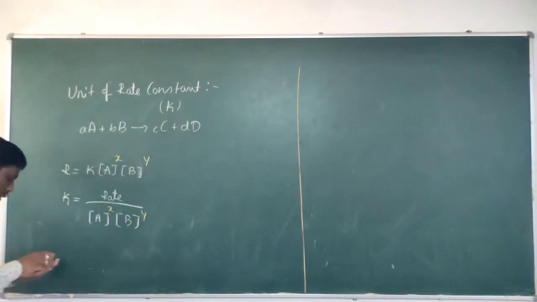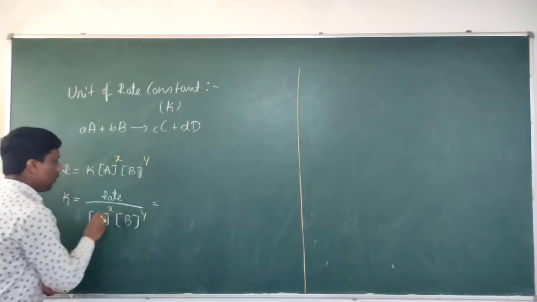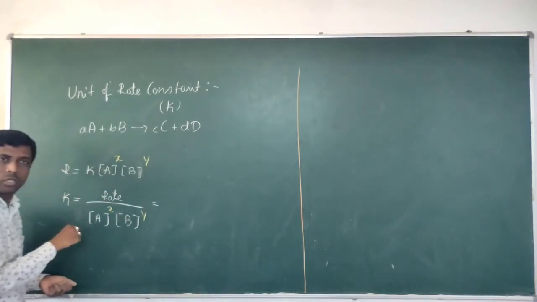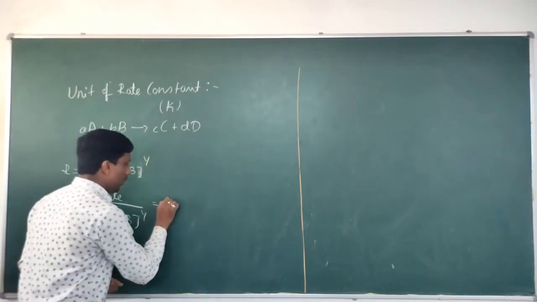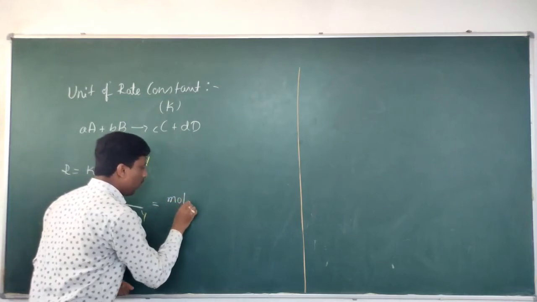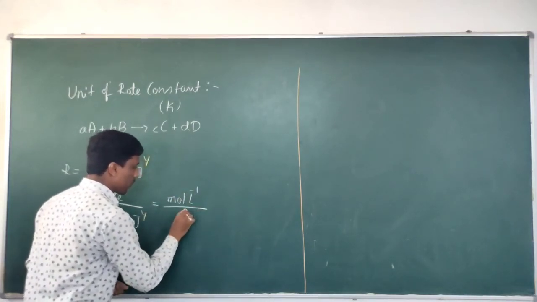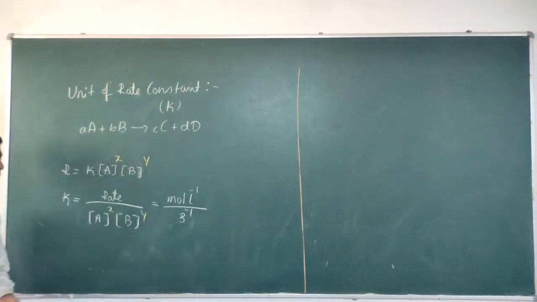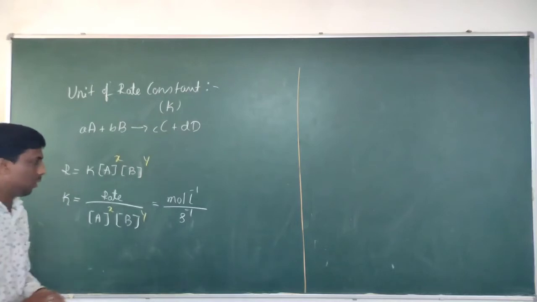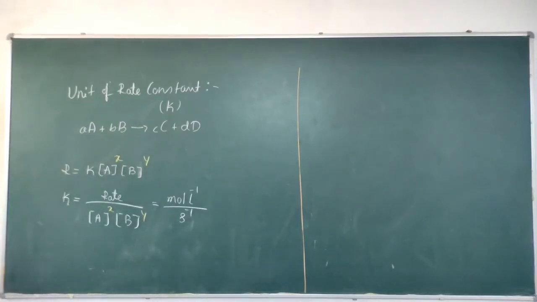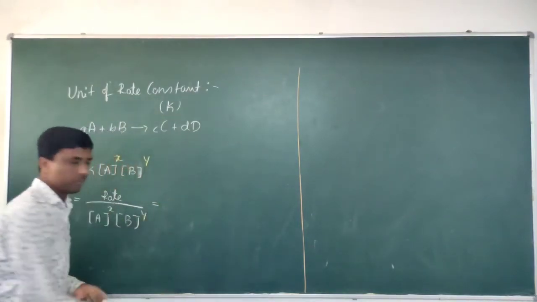Okay. What is the unit for rate constant? Mole per liter per second. It is what? See, I will simplify this step one more time.